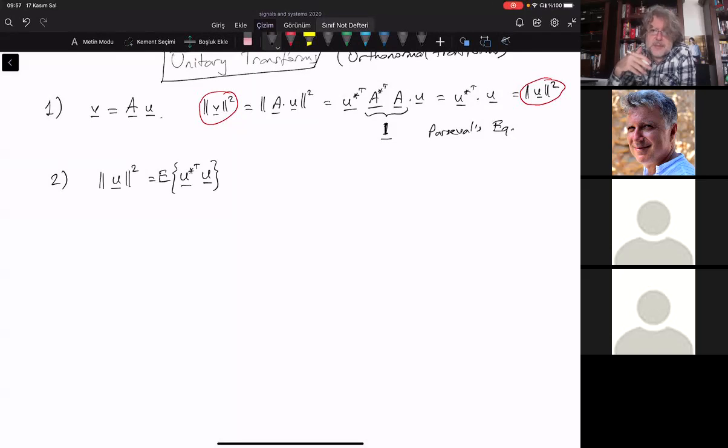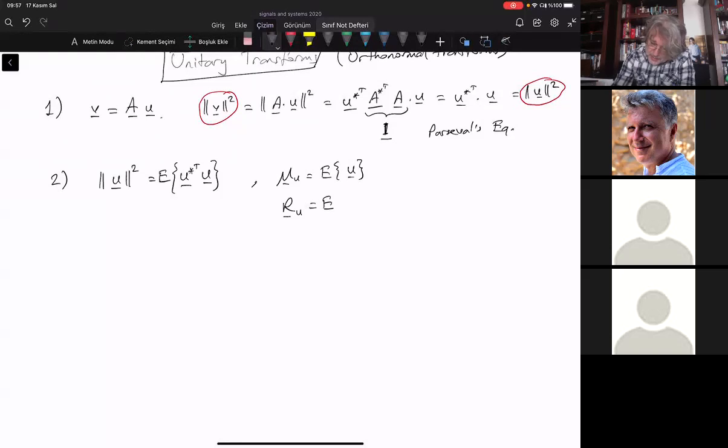So making things random and suitable for telecommunications is easy. You just put an expected value operator to the left of it, and it means it's working for random signals. So with this kind of a definition of the square norm, and some other definitions, for example, the mean of U can be expressed as the expected value of U, and the autocorrelation of U, which is a matrix, is again the expected value.